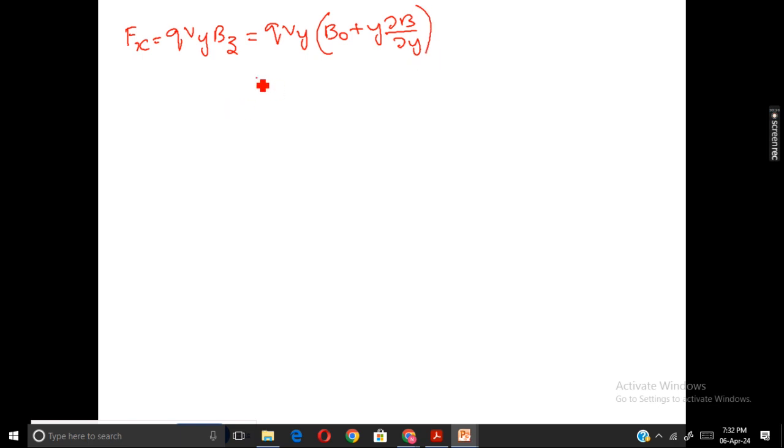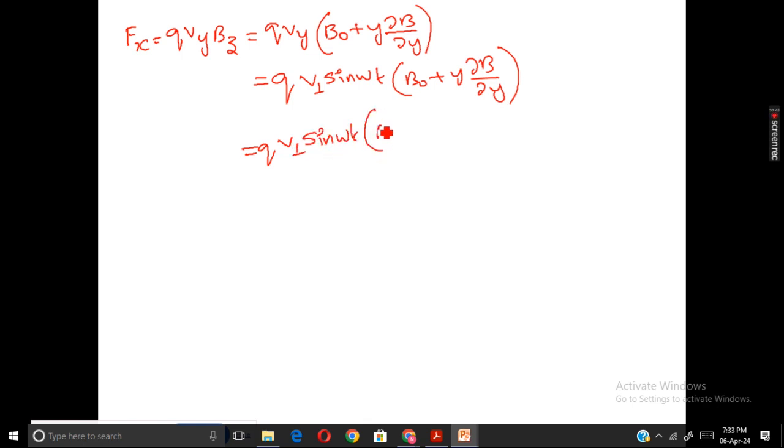We know Vy, the solution is V perpendicular sin omega t, and we also know the value of y, which is RL cos omega t. Substituting, we get q V perpendicular sin omega t into B0 plus RL cos omega t dou B by dou y, in the case of an inhomogeneous magnetic field.